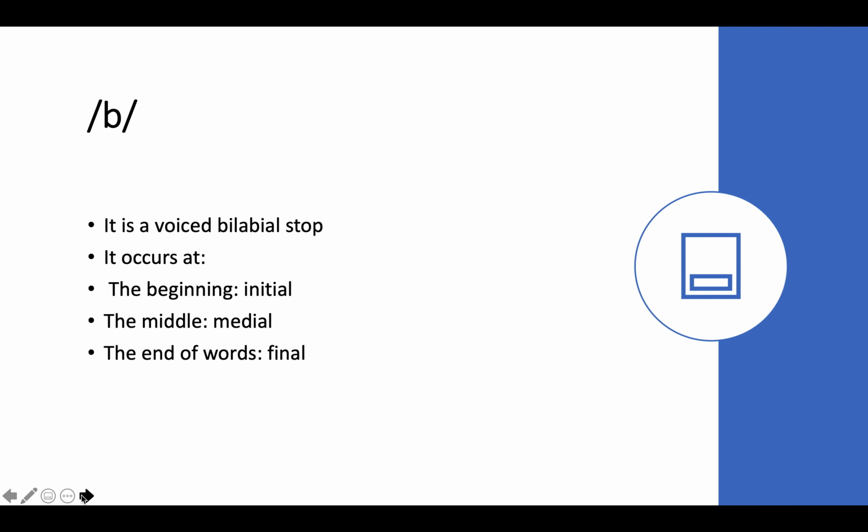It is bilabial in terms of place of articulation, and it is stop or plosive in terms of manner of articulation. The phoneme b can occur at the beginning of a word, in initial position, in the middle of a word, in the medial position, and at the end of words, in the final position.